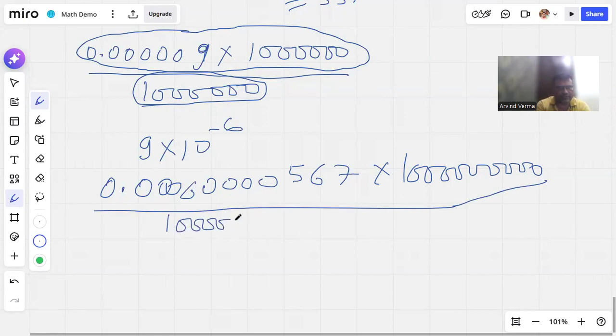So the numerator becomes 5.67, the result when we multiply these two numbers. And in the denominator we have 9 zeros. So 10 raised to the power minus 9.